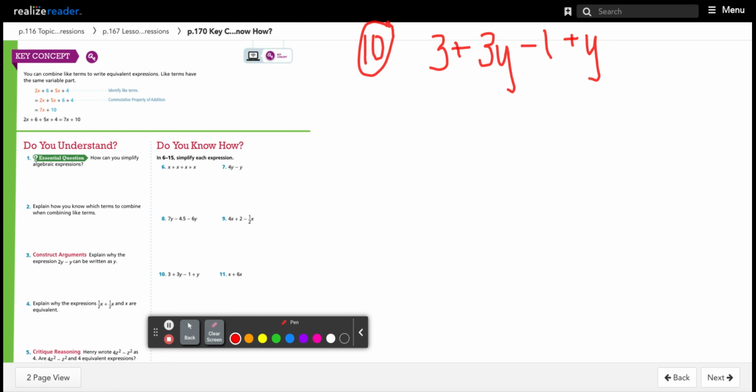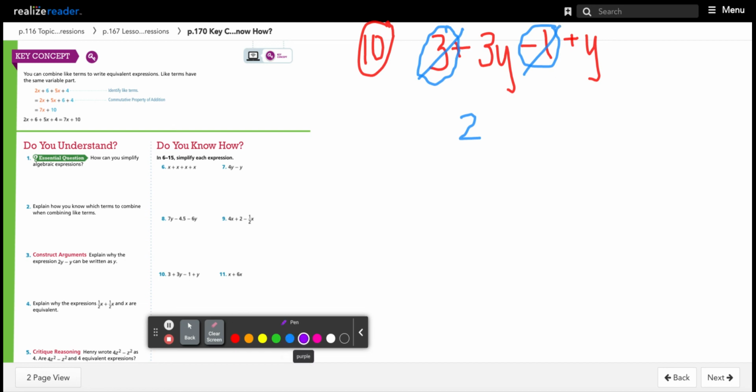Okay, so first let's circle if there are any like terms to go with this 3. So is there a like term that matches the 3? If so, what is it? It would be 3 minus 1. So what's 3 minus 1? 3 minus 1 is 2. We use them. Cross them off. Let's look at what's left.